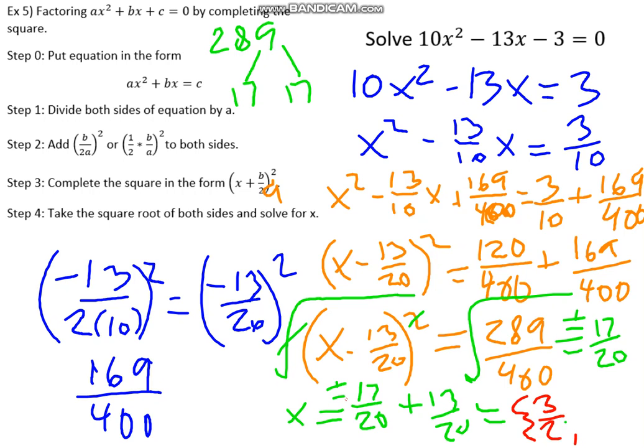And then the negative 17 over 20 plus 13 over 20, which is negative 4 over 20, reduces, if you divide top and bottom by 4, to negative 1/5. And that's the solution set. Okay, so that's how you do solving by completing the square.